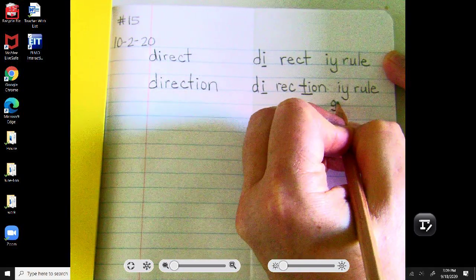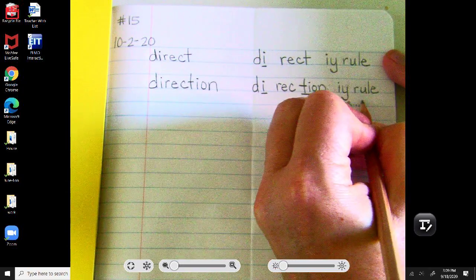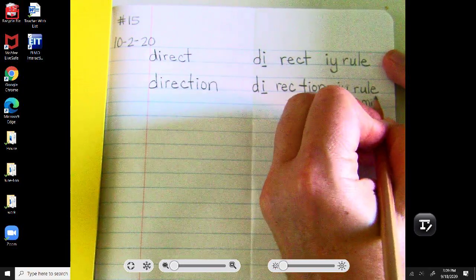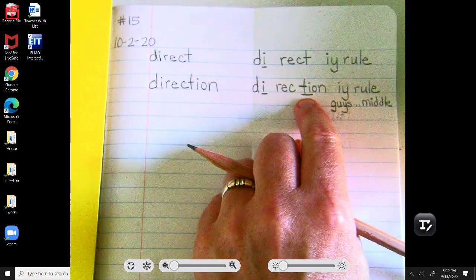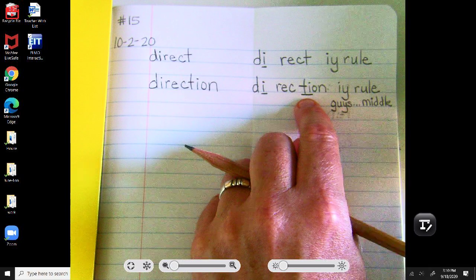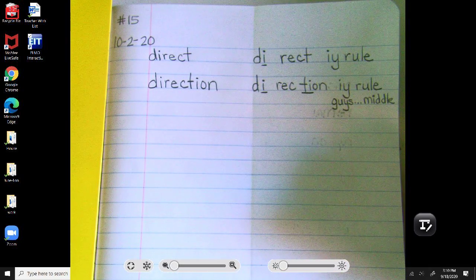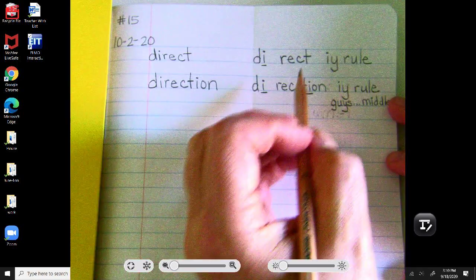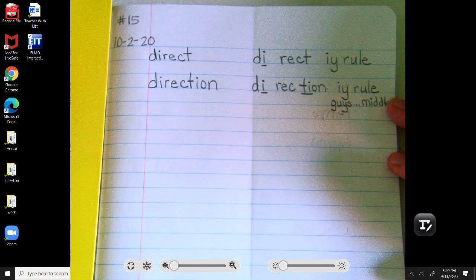Guys in the middle. Remember, sh, tall letter sh is always going to be somewhere in the middle of the word when it's saying sh, direction. And as I mentioned, this shun is our most common spelling of the suffix shun, that ending shun.